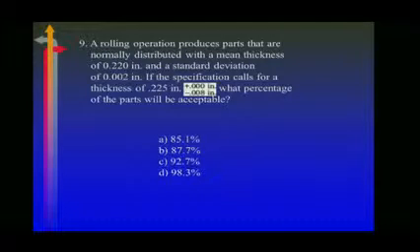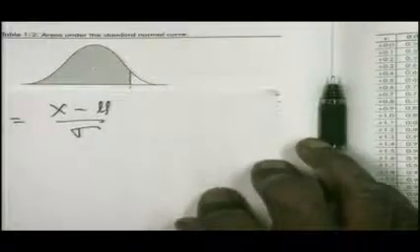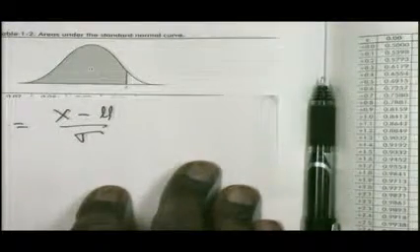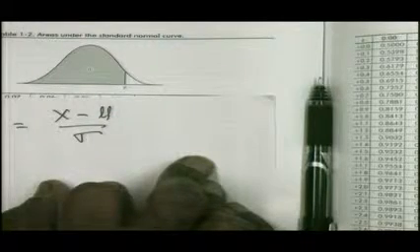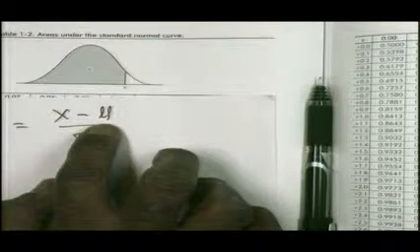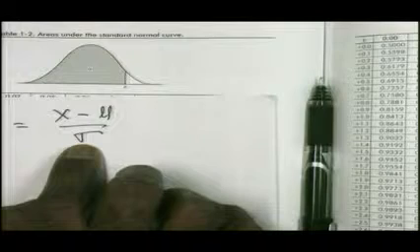I can see both of them, you can't, so I'm going back to my document reader. My process mean is 0.220, and my standard deviation is 0.002.